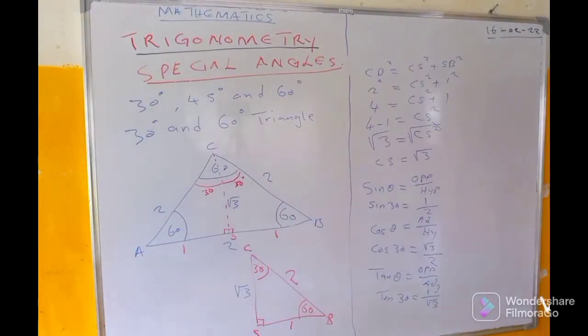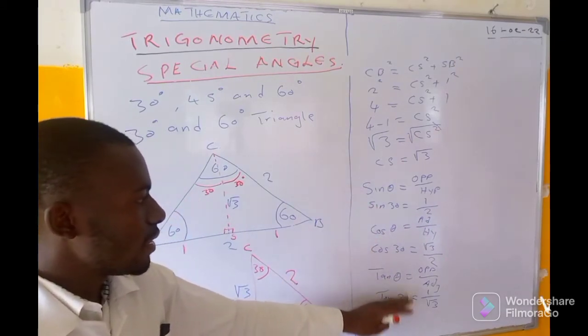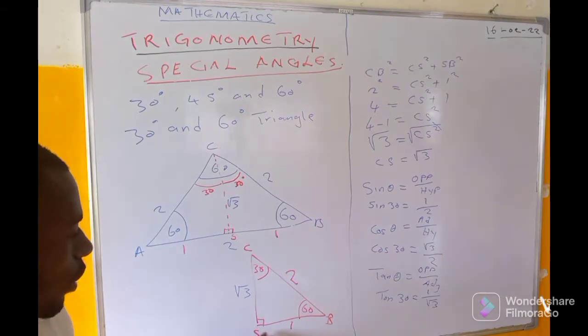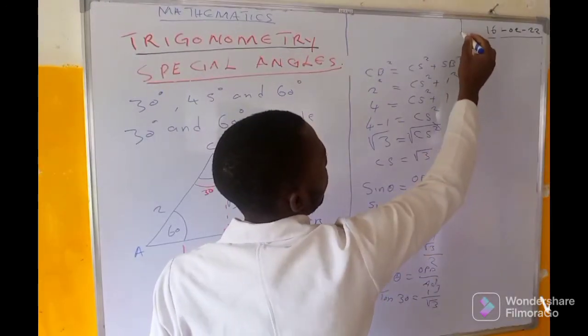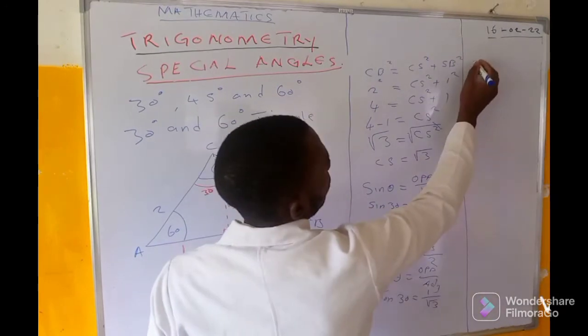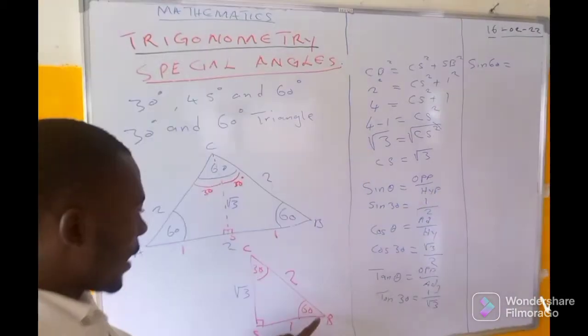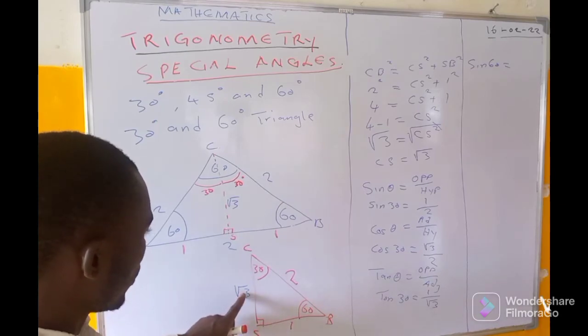From there now we will look at angle 60. These are the special angles for angle 30, sine, cosine, and the tangent. But we are going to look at angle 60. So sine 60 is equal to opposite. What is opposite?